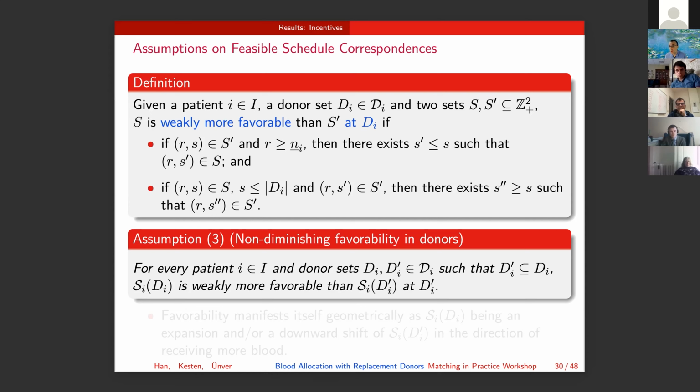So in a way, you donate less or exactly the same and receive the same amount. So S is weakly more favorable.